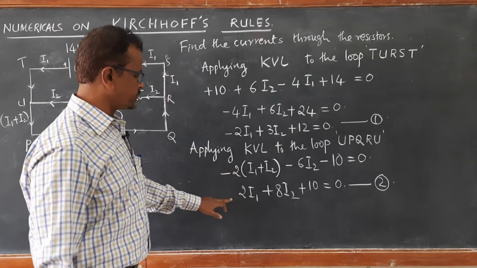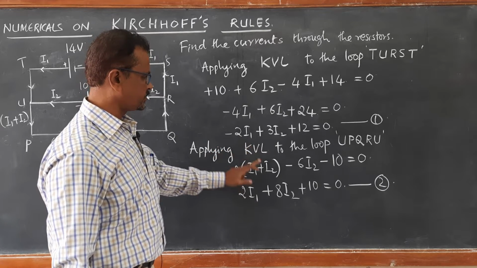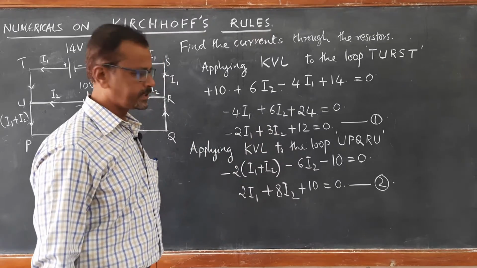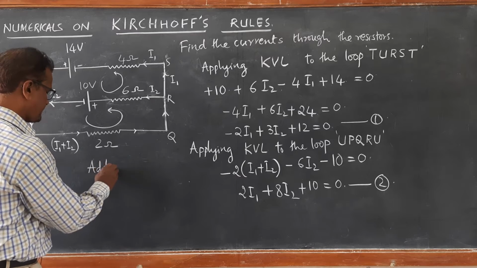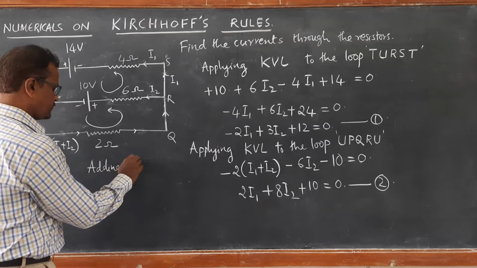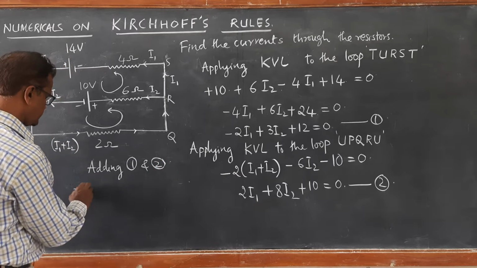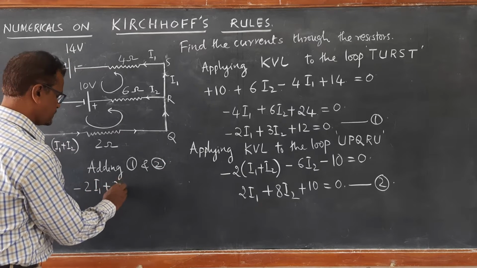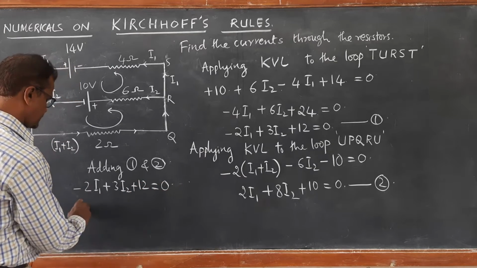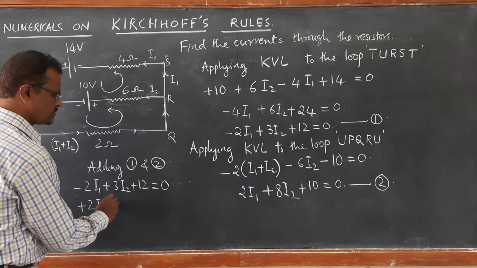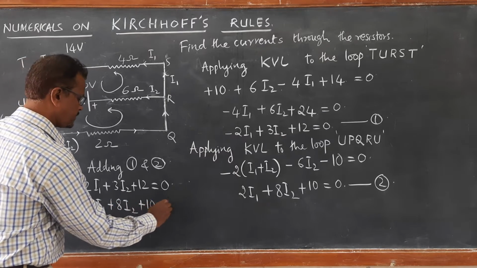Now adding equation 1 and equation 2, look at this. 2I1 cancels. So you will get the result in I2. So we can solve for I2. Adding equation 1 and equation 2: minus 2I1 plus 3I2 plus 12 equal to 0, plus 2I1 plus 8I2 plus 10 equal to 0.